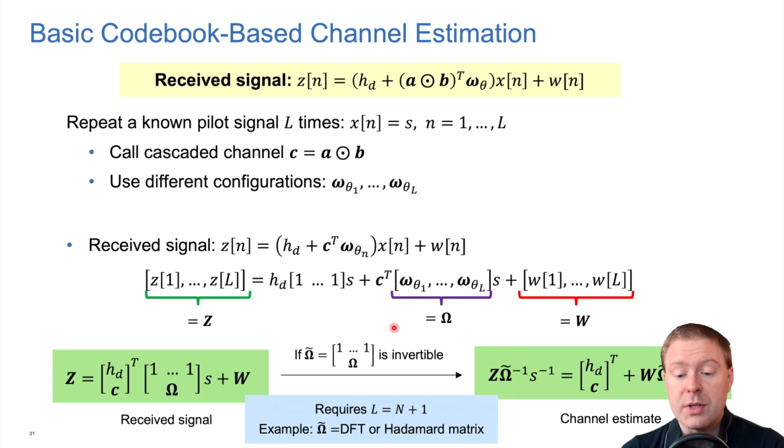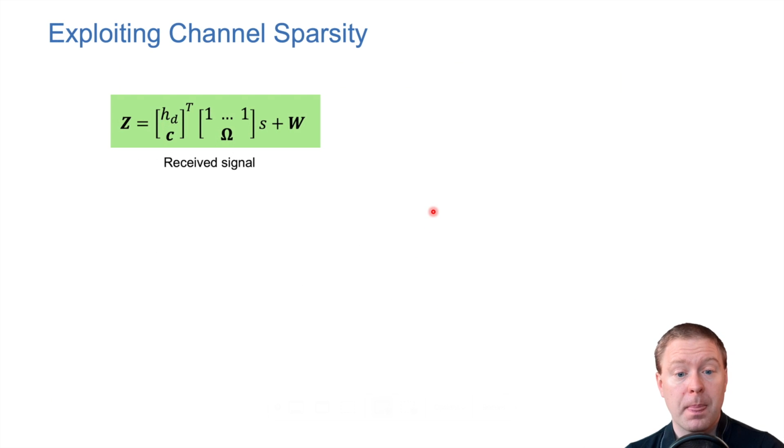So in order to achieve something that has 1 on the first row, and then is in general an invertible matrix, we can, for example, use a DFT matrix, discrete Fourier transform matrix of dimension N plus 1. There is also something known as Hadamard matrices that can be utilized. But then we need N plus 1 to be 2 to the power of something. This is the basic principle of channel estimation.